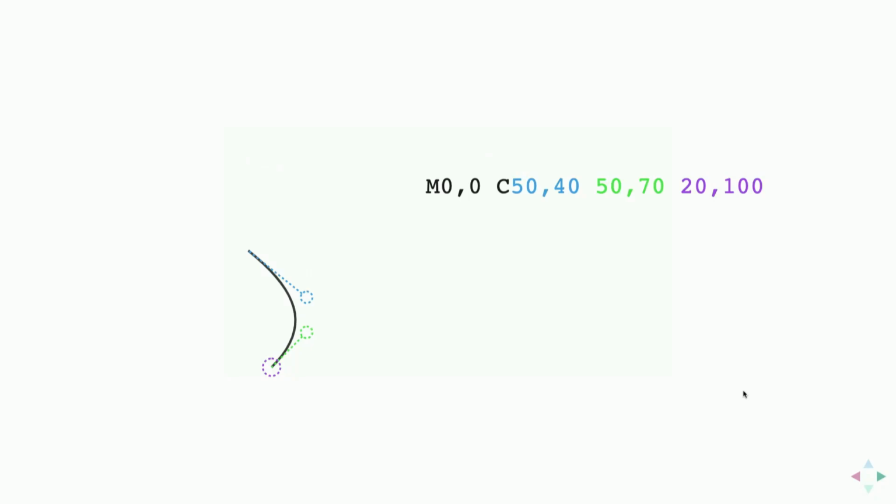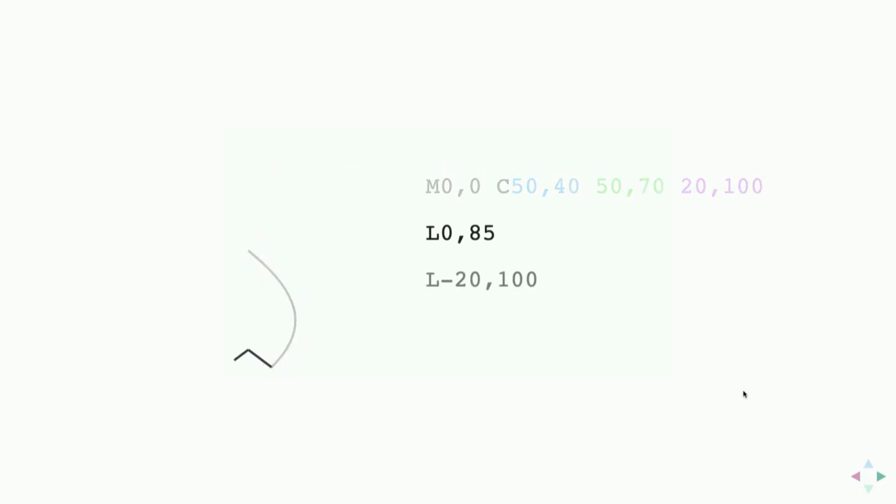I draw a straight line down to my ending point, that purple point. I then take the blue and green anchor points, and I nudge them out until I get the curve that I want. And that's the cubic Bezier curve command.